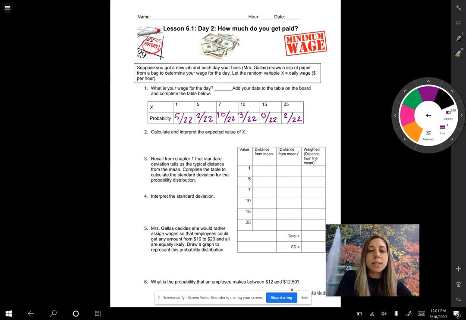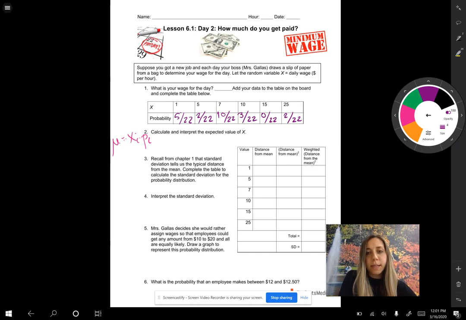So our first question says calculate and interpret the expected value of X, which we know from the last lesson. In order to get that mean or expected value number, you take every X value and multiply it by its specific probability. So we would have taken 5/22 times 1, 2/22 times 5.